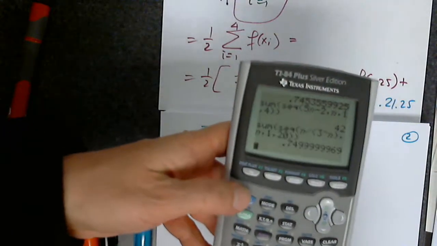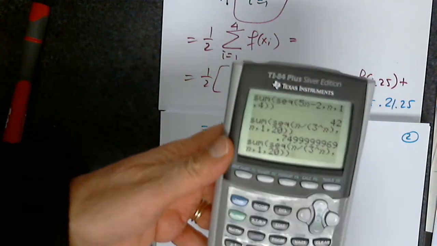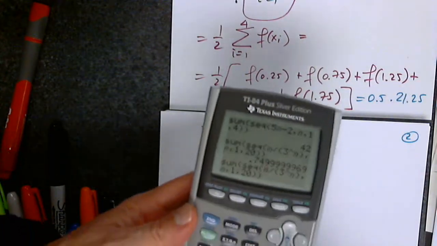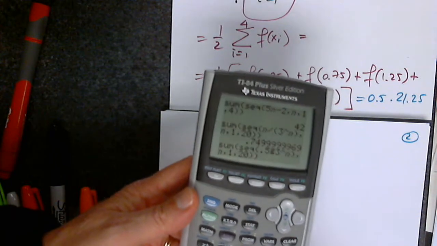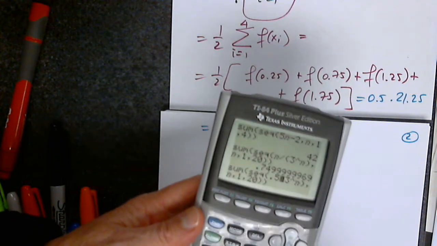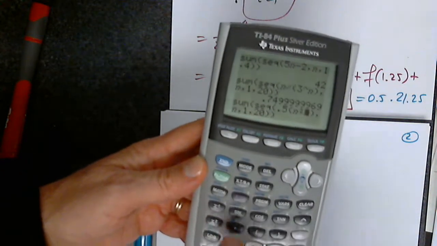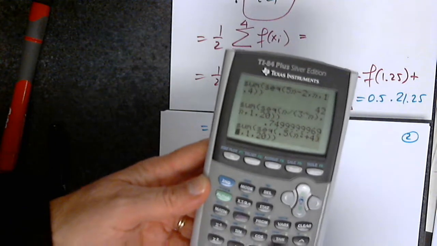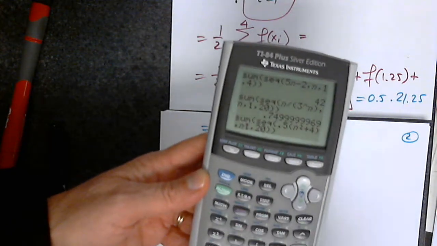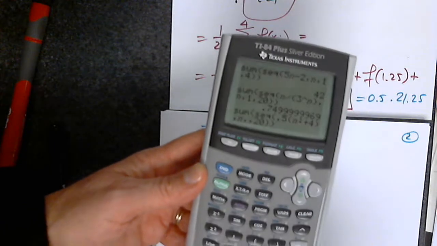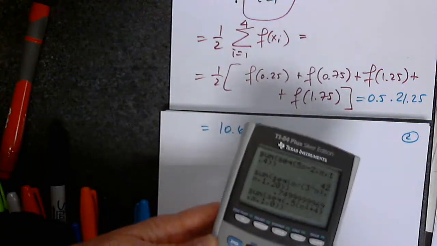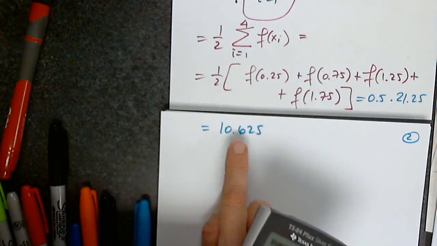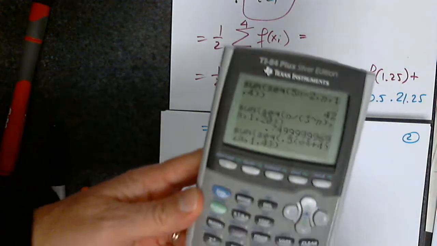So let's do that. I'm just going to copy all this. Our function is 0.5 times, in parentheses, n squared plus 4, close the parenthesis, comma, n, comma, from 1, comma, through 4, close the parenthesis, close the parenthesis. When I press enter, I have to get 10.625. If I don't, I messed up something somewhere.